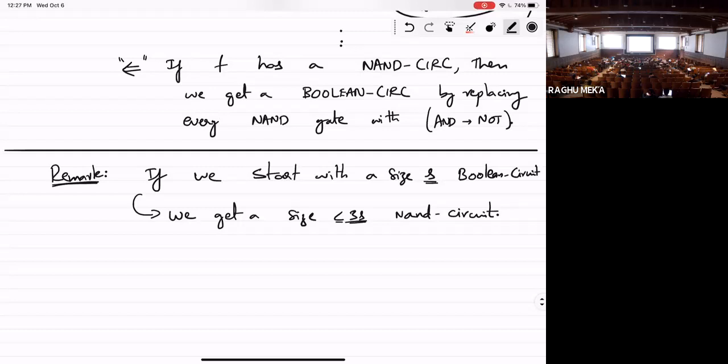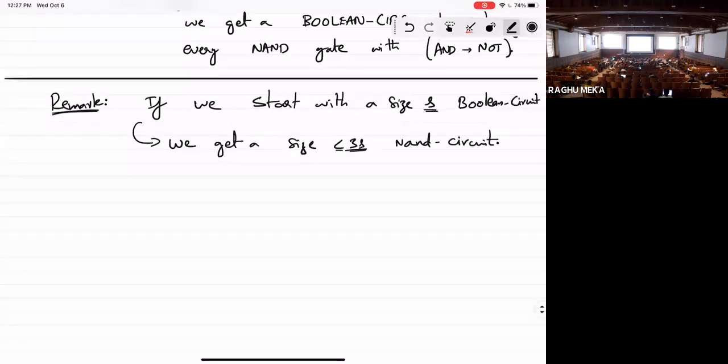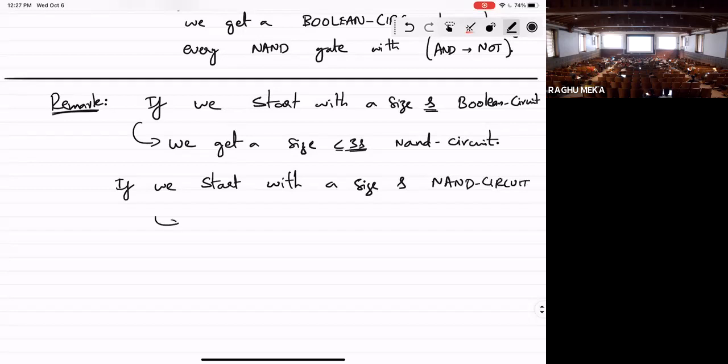So there's some blow up in the size of the circuit, but that's fine. We are okay with increasing the size. We're only interested for the time being in whether or not you can compute something at all. And conversely, if we start with a size S NAND circuit, we get a size 2 times S Boolean circuit.